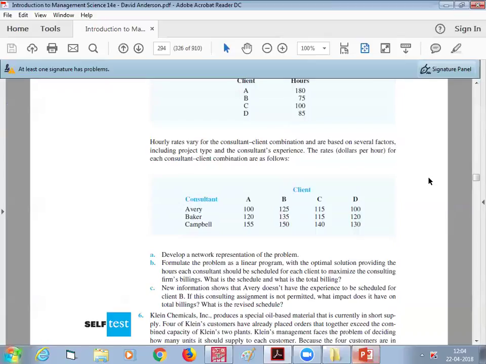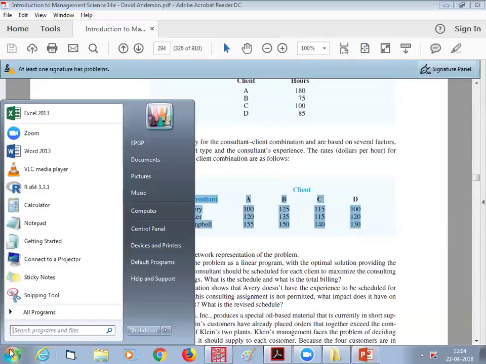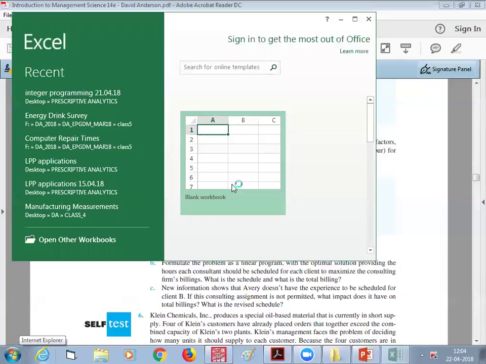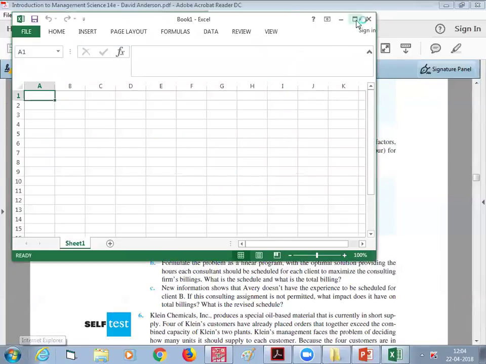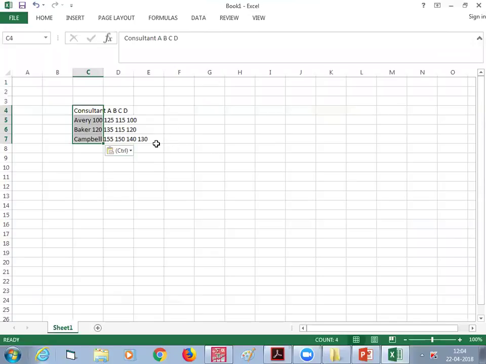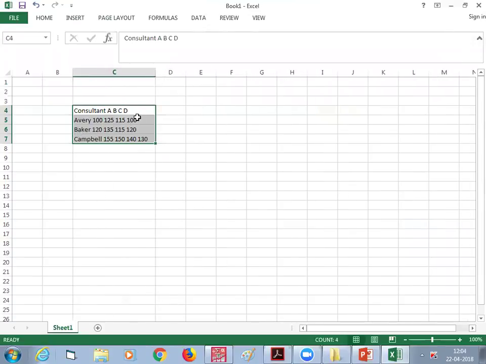Now let me see if I can copy this. Okay, I can copy it without the D, of course. Now let me put this in Excel over here. When we get something like this, what do we have to do? It's taken all of this into one cell.